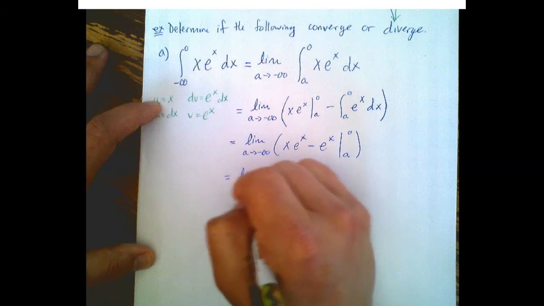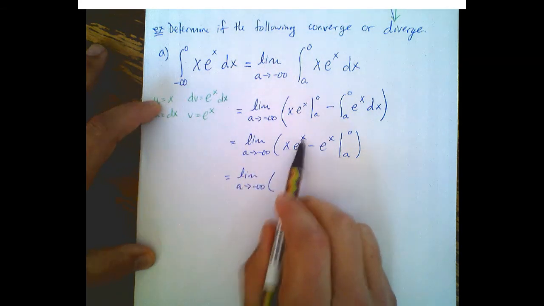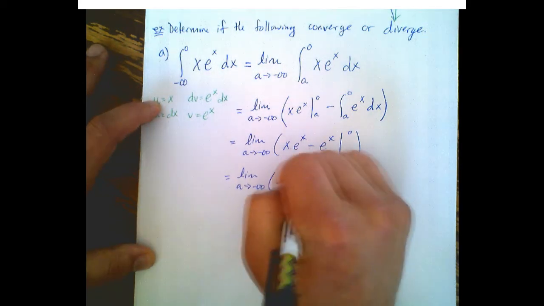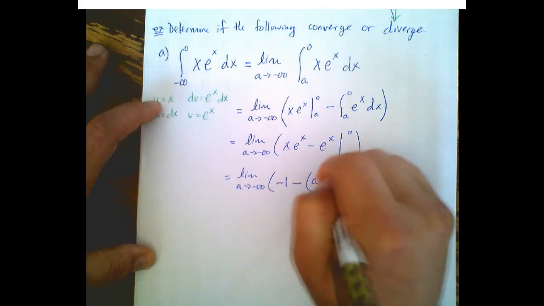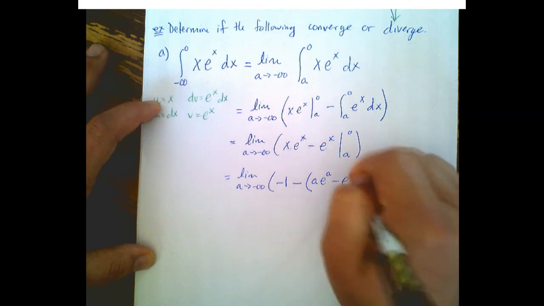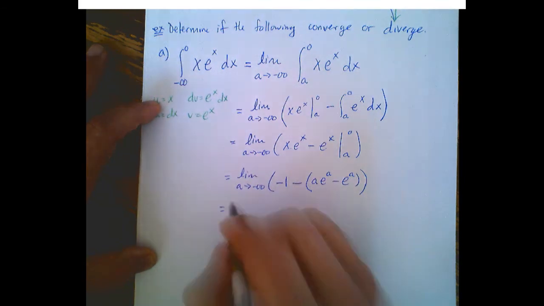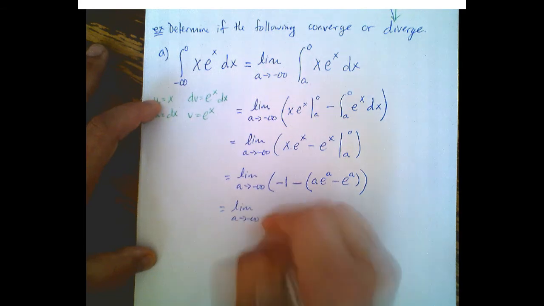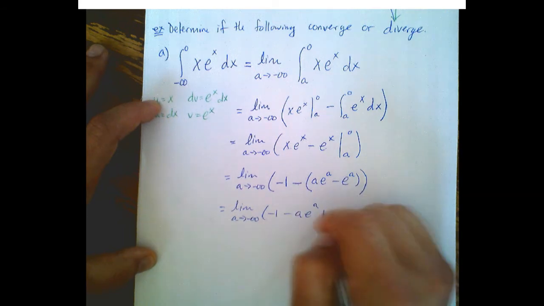So limit a goes to negative infinity of 0 times e to the 0, that's 0, minus e to the 0 is 1. So that would be negative 1 minus, now a goes in, so that would be a e to the a, minus e to the a. Alright, so let's evaluate limit as a goes to negative infinity of negative 1 minus a e to the a plus e to the a.